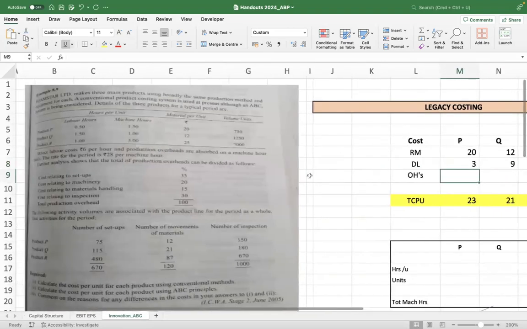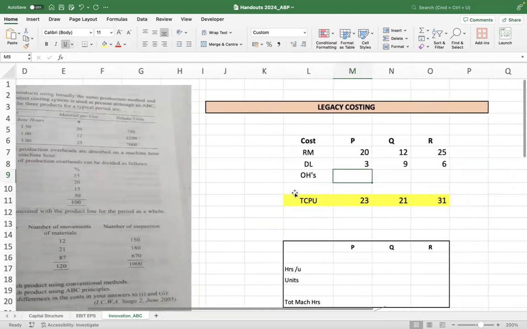Now we come to the overheads, which are absorbed on the basis of 28 rupees per machine hour. Machine hours per unit has also been given.